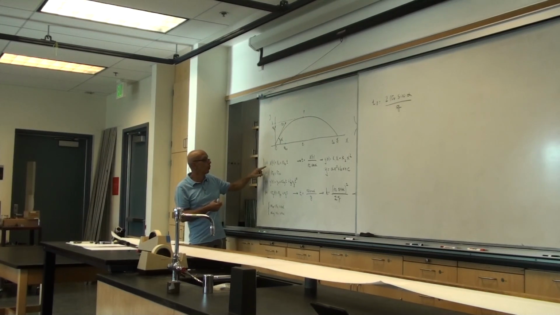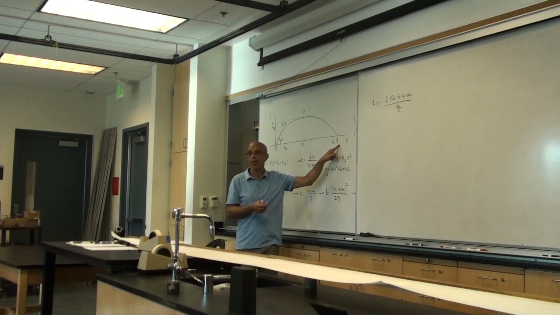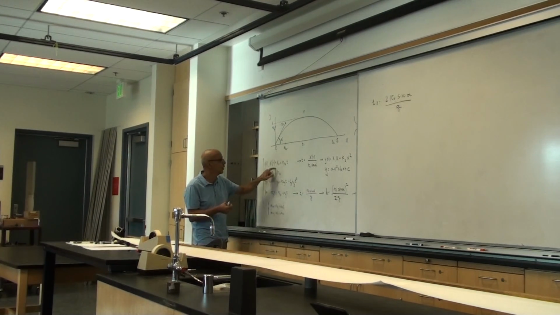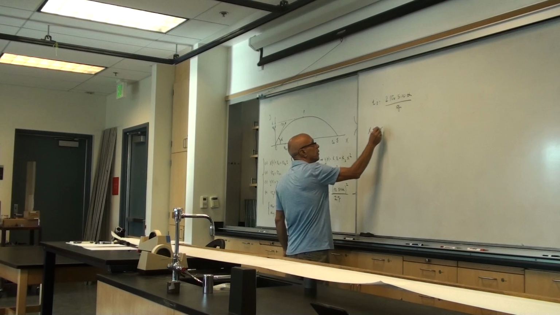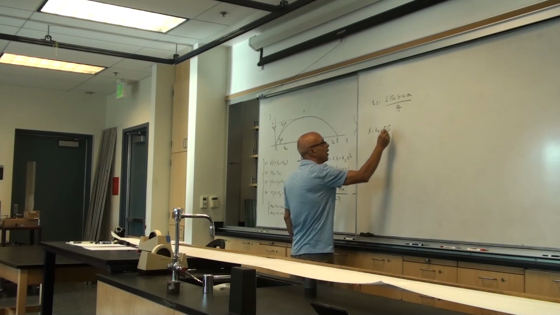Yeah. Why number 1? Because number 1 is x minus x0. x0 is here. This is x. So we use this formula here. Okay? So what do we have? We have x minus x0, that is OS. Okay?